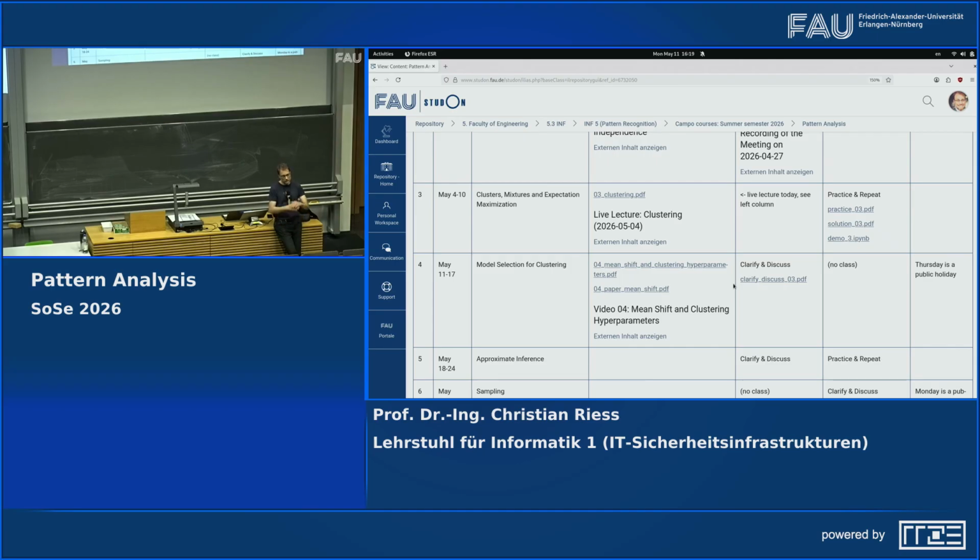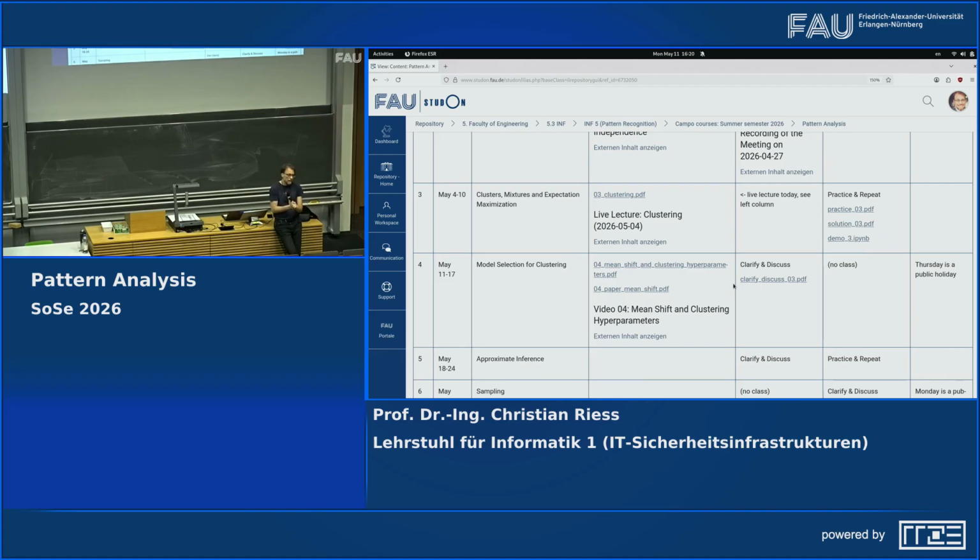It performs a gradient ascent on a density that in some sense is obtained from a Parzen window estimator. We're not estimating the full density with that estimator, but we are estimating the gradient, and we walk towards the mode, so a high point of that density. This is the idea of the mean shift clustering method, and we can talk more about it today.